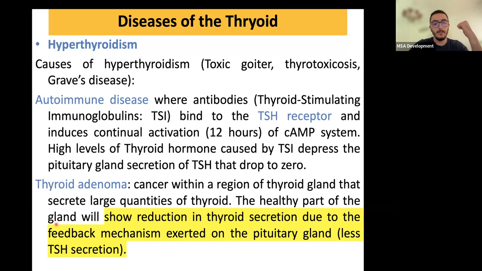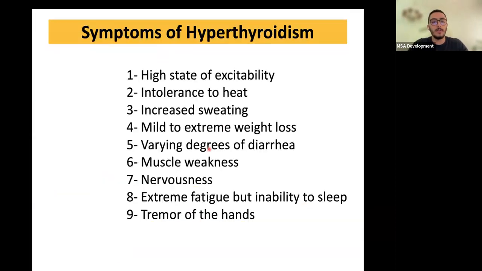The healthy part of the gland will show reduction in thyroid secretion. So if you take the gland, the healthy part will not be secreting thyroid hormone. Why? Because we don't have TSH. And why do we not have TSH? Because the large quantities of thyroid hormone from this cancer are inhibiting the pituitary from secreting TSH. And as you know, the normal or healthy part of the gland requires TSH to kick in. These are basically the causes of hyperthyroidism.